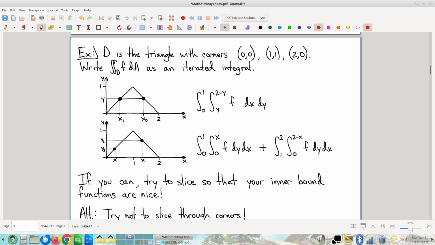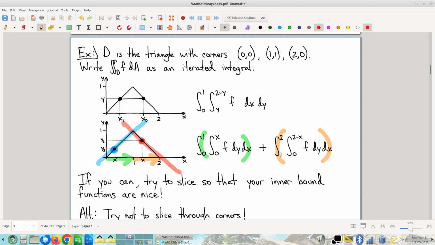What you're going to notice is that for the values of x between 0 and 1, the upper bound for y is going to come from that point which is on that curve. But for these values of x between 1 and 2, my upper bound is going to come from that point which is on that curve.